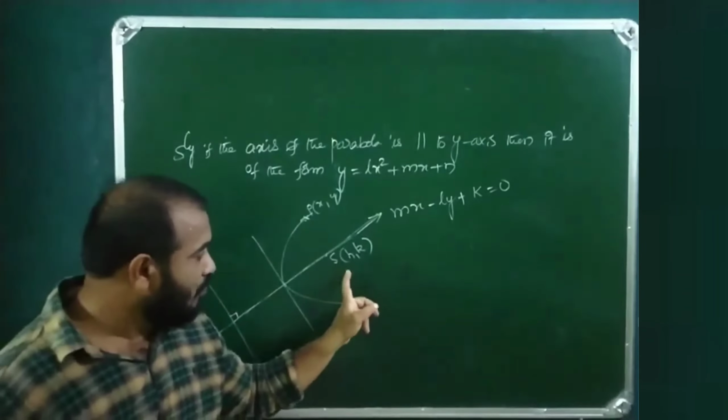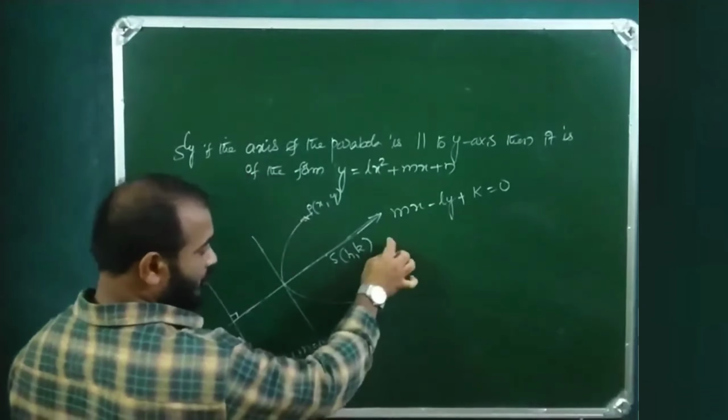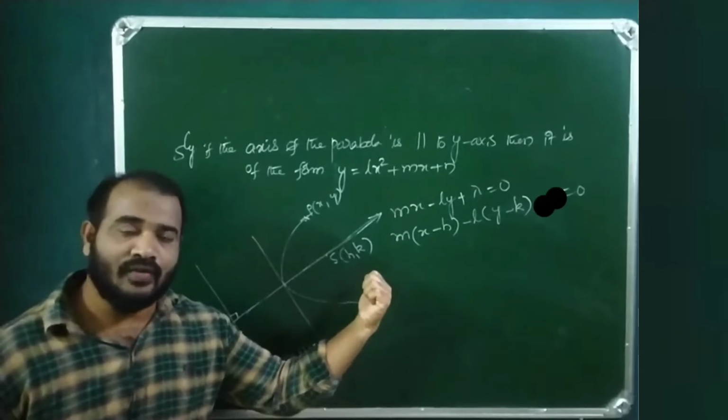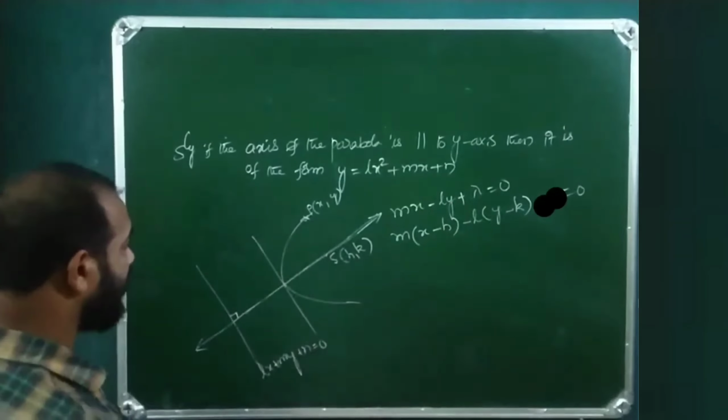And this is passing through h comma k, so m into x minus h minus l into y minus k plus some lambda equals 0. So this is the equation of the axis when the parabola is neither symmetric about y-axis nor x-axis.